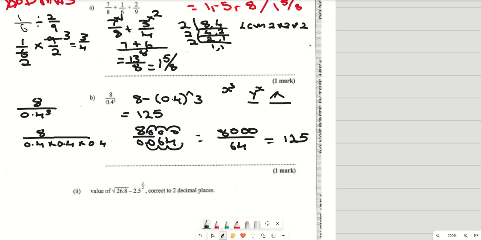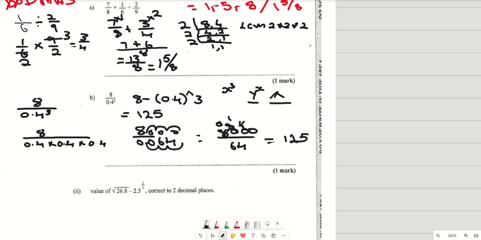When you divide this, you're going to get 125. 64 into 80, then 80 minus 64, your remainder is 16.